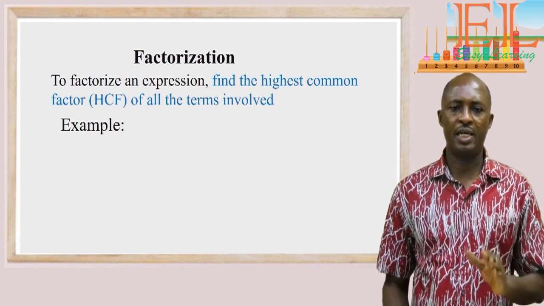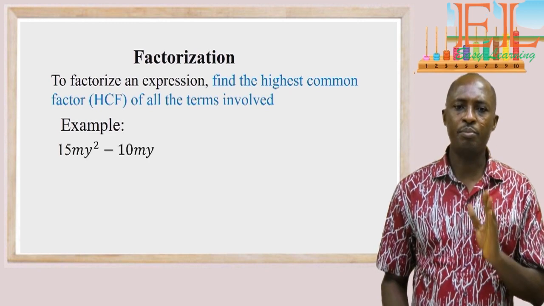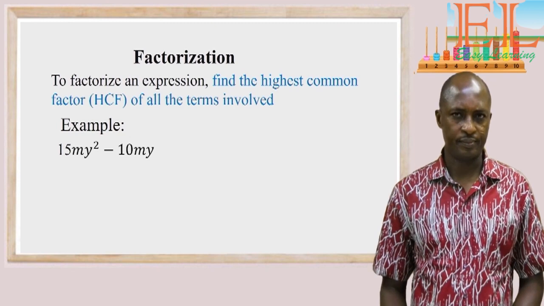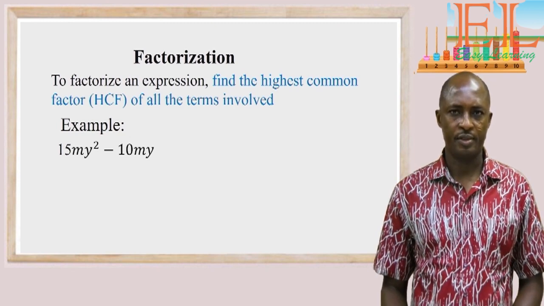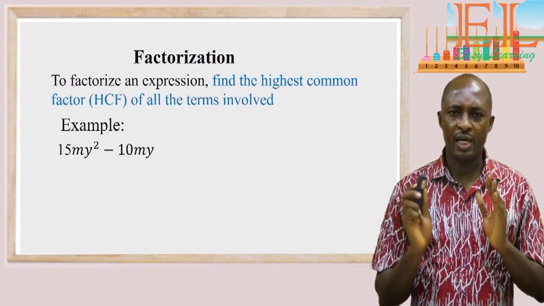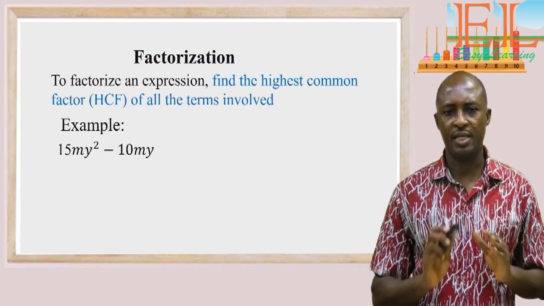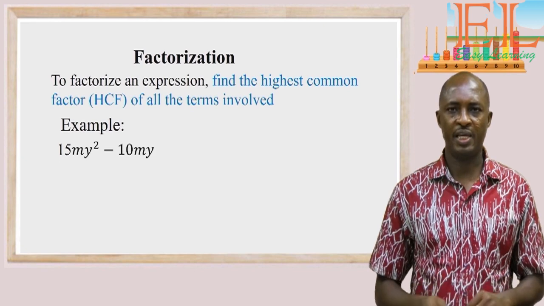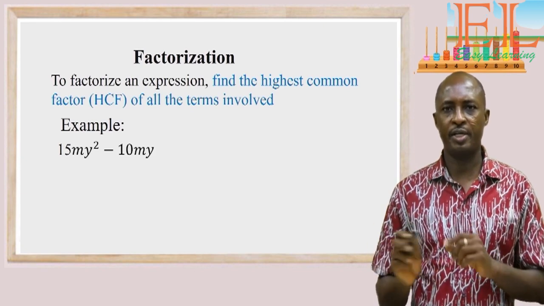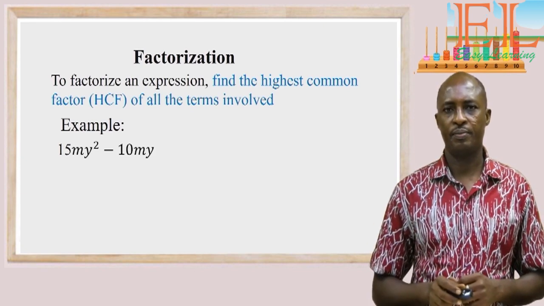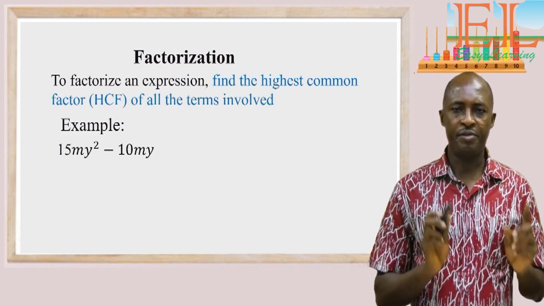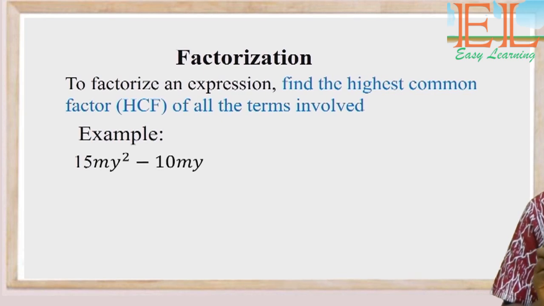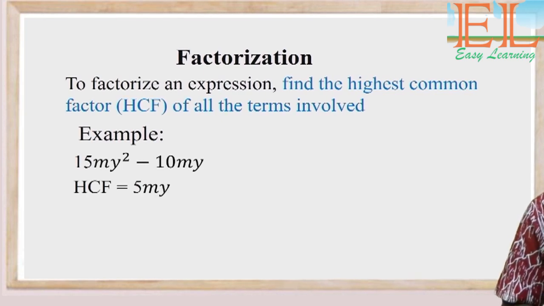If I'm asked to factorize 15my squared minus 10my, I have to look out for the highest common factor first among the numbers, then second among the variables. So here 15 and 10 has 5 as their highest common factor.